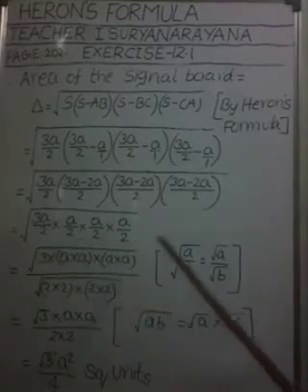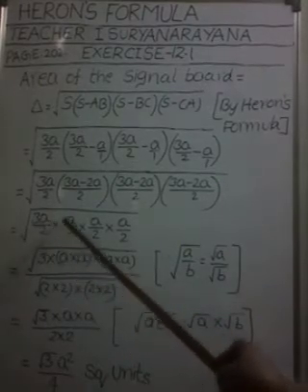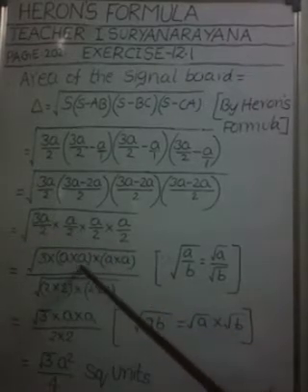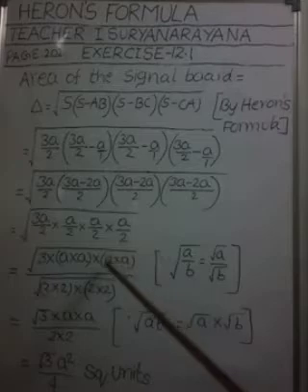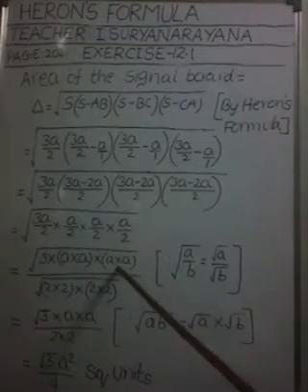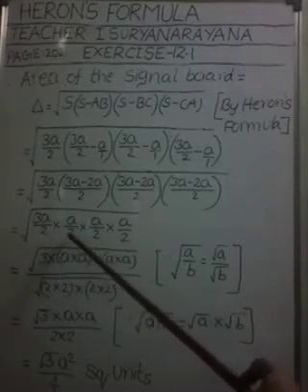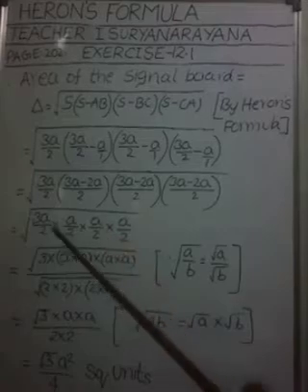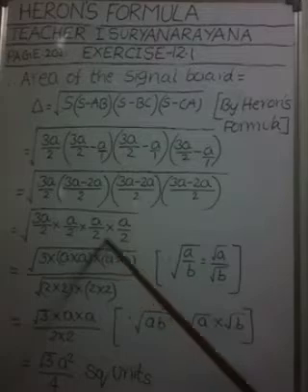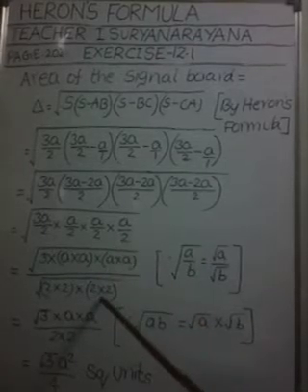Square root of 3 into a into a, we write these two numbers as one pair, and in the denominator 4 2's are there, so we write these 2 as one pair, 2 into 2, and the other two numbers as one pair. Understood this step, my children?